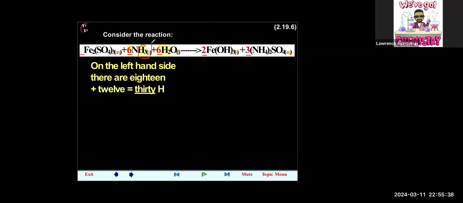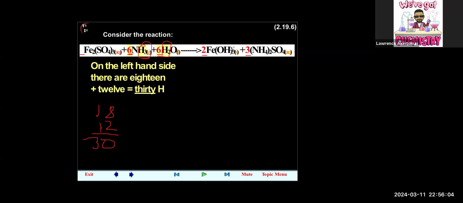This hydrogen has a subscript of 3, multiplied by this 6, which is the coefficient, gives you 18. All right, and then here you have a subscript of 2 hydrogen multiplied by 6, which will give you 12. And that is how they arrive at 30 hydrogen.